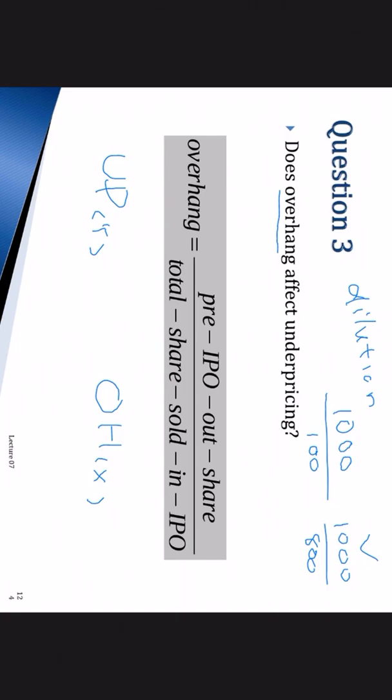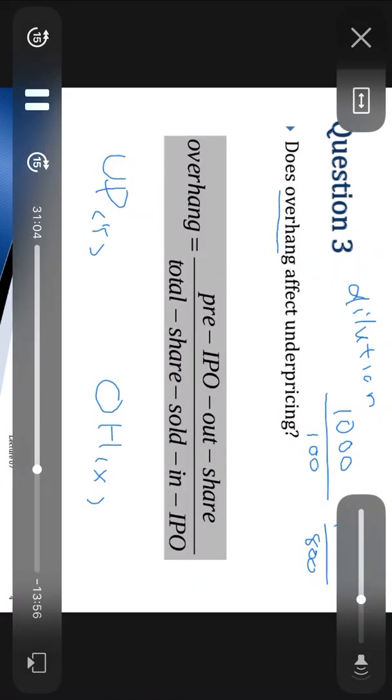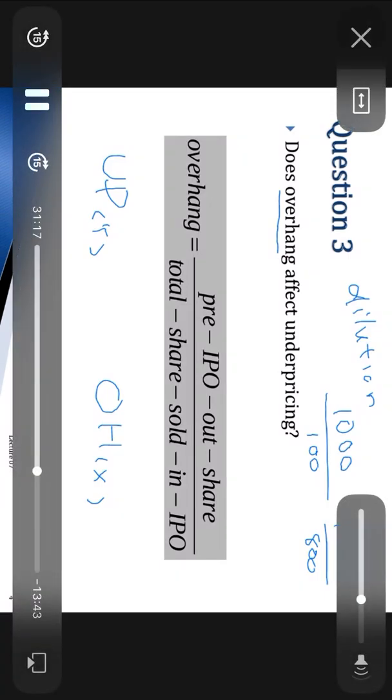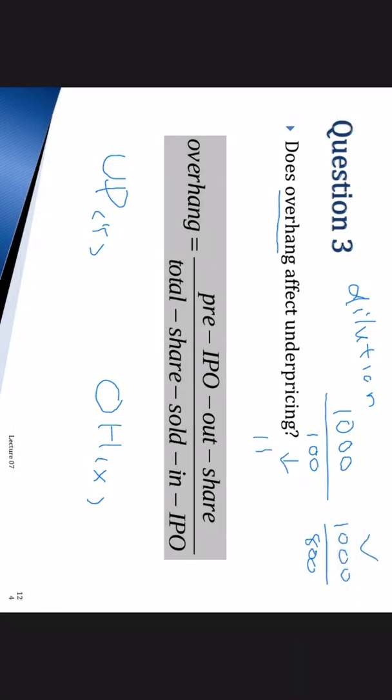in the IPO market. So let's first take a survey to see what is your opinion or what is your guess. You can take a guess, no problem. Yes means the coefficient you believe or expect to be positive. No, the coefficient you believe or expect to be negative. Notice that in this case, the overhang will be higher, and in this case, the overhang will be lower.